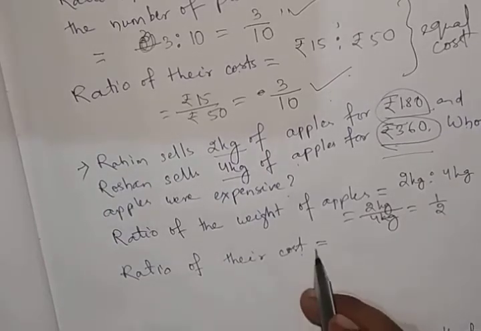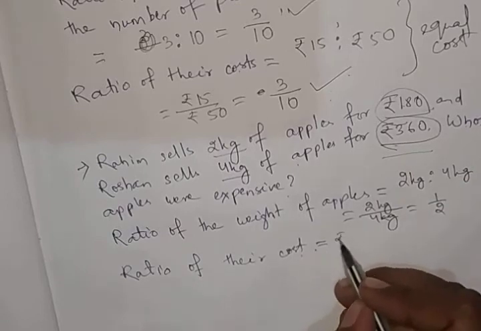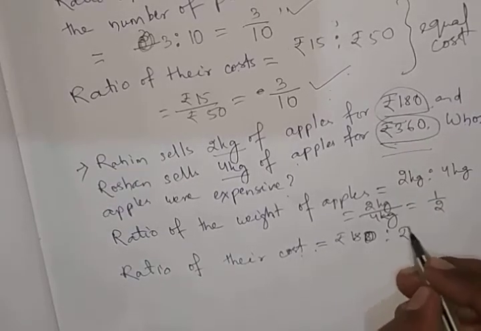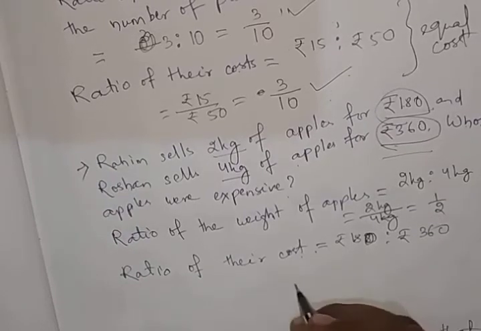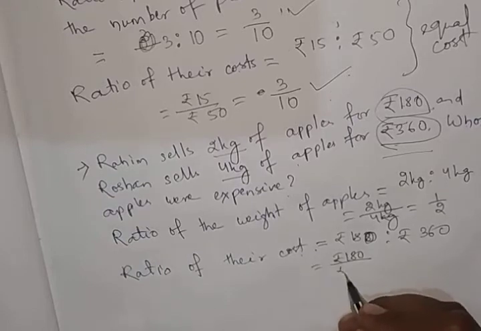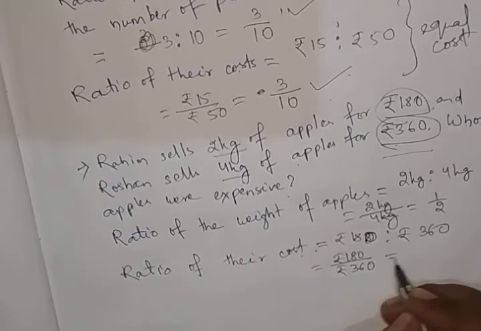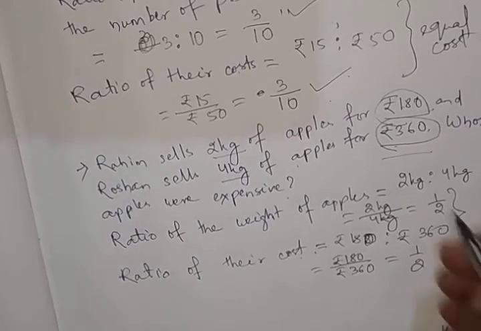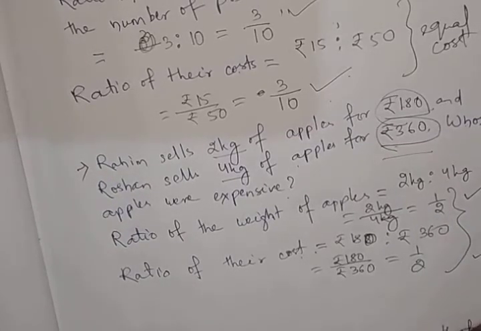Next, the ratio of their cost. Cost is how much? Rupees 180 is to rupees 360. You can write that as rupees 180 by rupees 360. That is how much? 1 by 2. So look here, in both cases we are getting the same ratio.